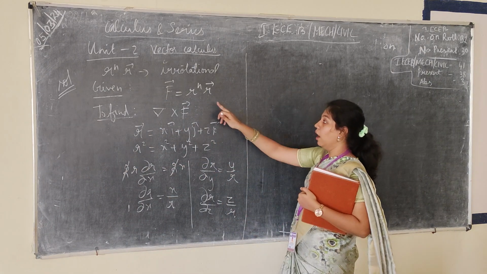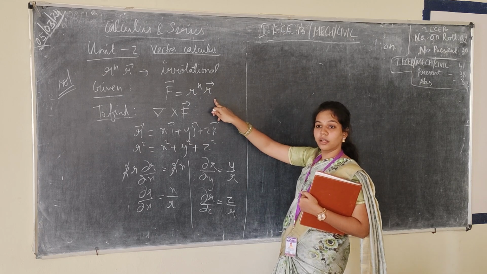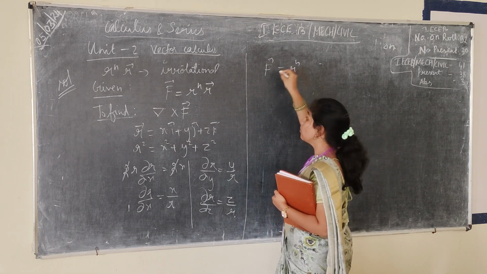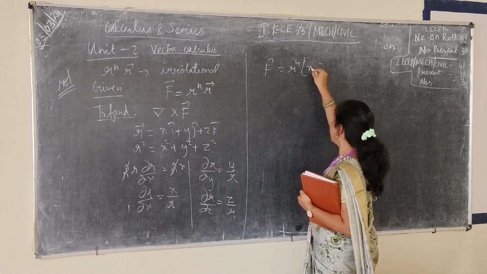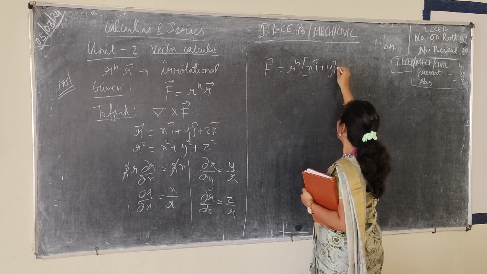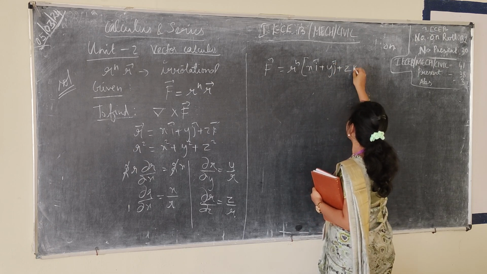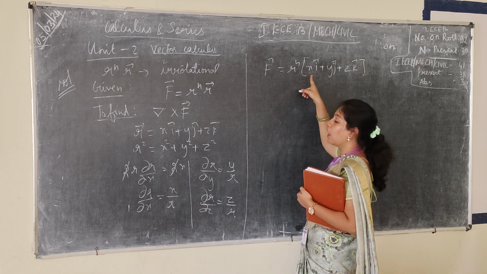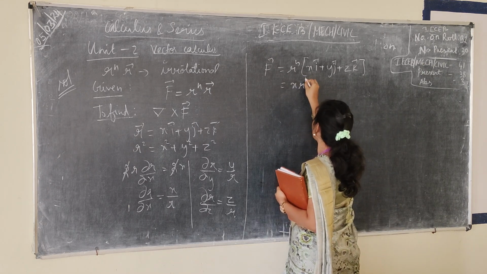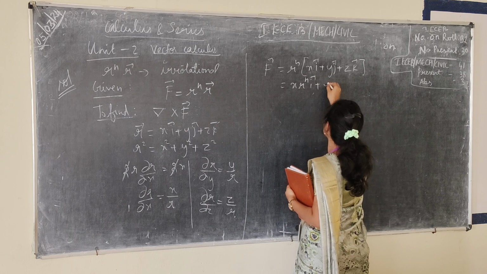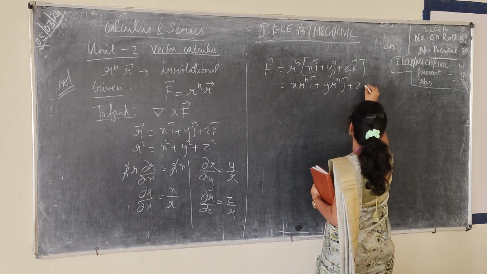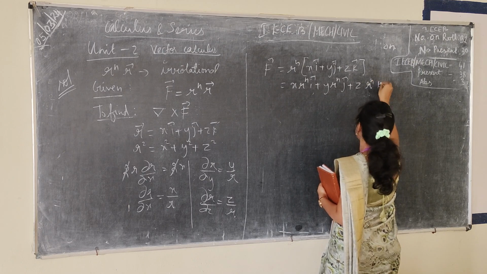Now we are going to reframe the given question. So f vector is r power n times r vector, which is x i vector plus y j vector plus z k vector. Multiplying r power n in, what do you get? x r power n i vector plus y r power n j vector plus z r power n k vector.